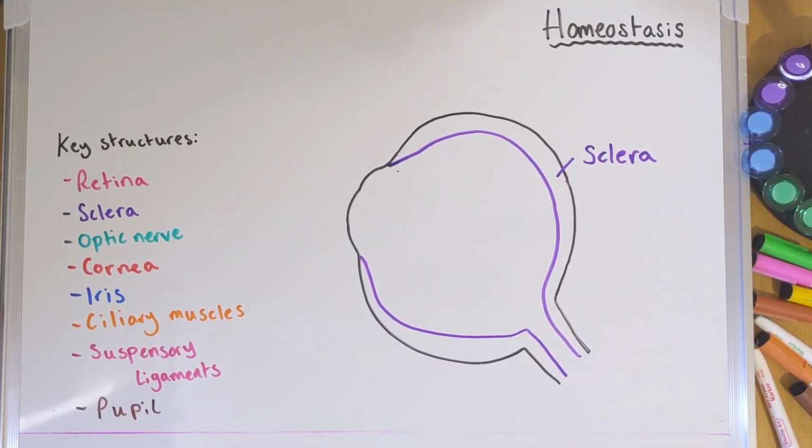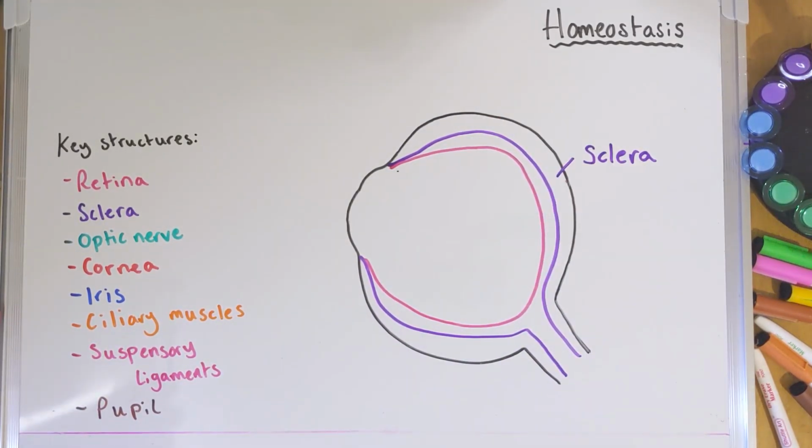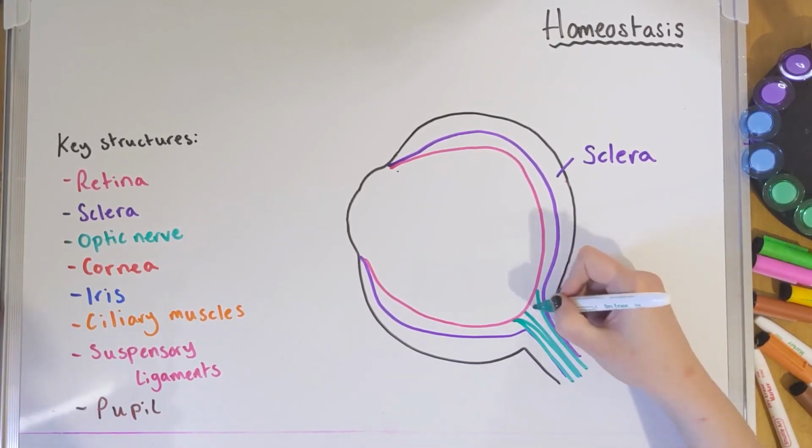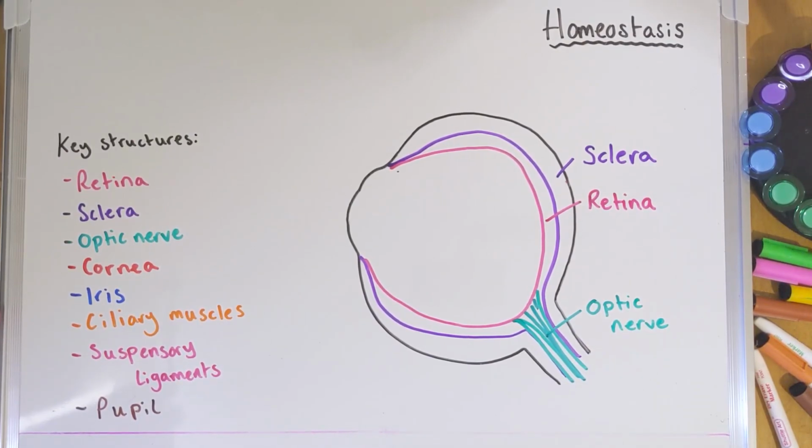Next I'm going to put the retina on. Next we're going to put the optic nerve on. Next we're going to add the iris, that's the coloured part of your eye.